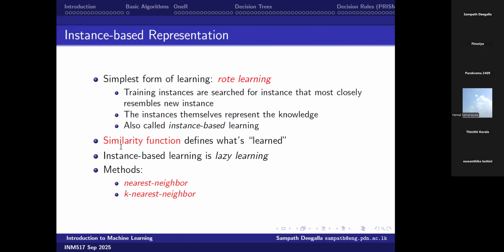Why are we saying eager learning? It learns some structure in the data based on the training data. But in instance-based learning, the learning happens during the testing phase. Therefore, we call it lazy learning. The methods include nearest neighbor or K nearest neighbor. So let's see what those algorithms are.